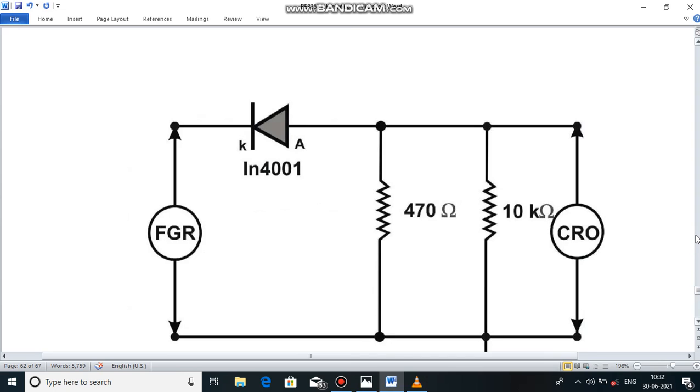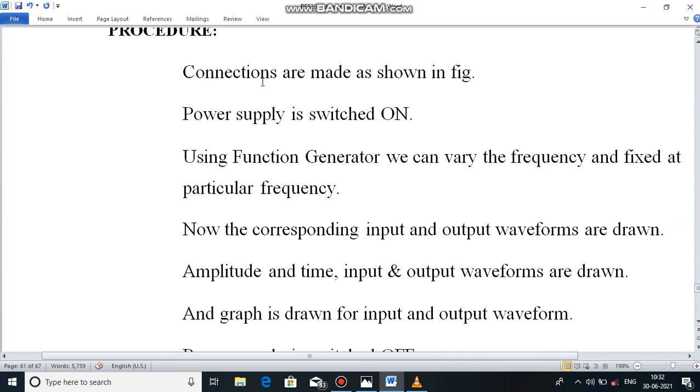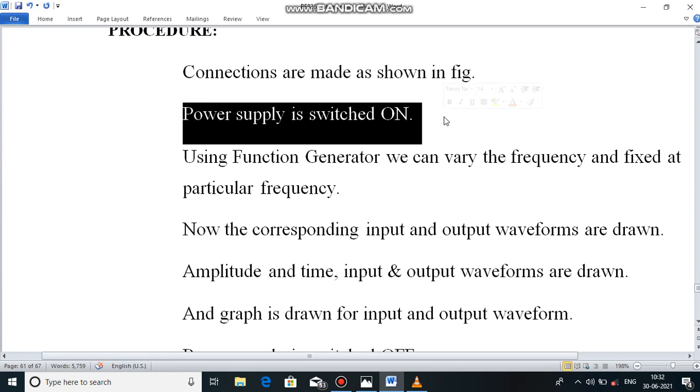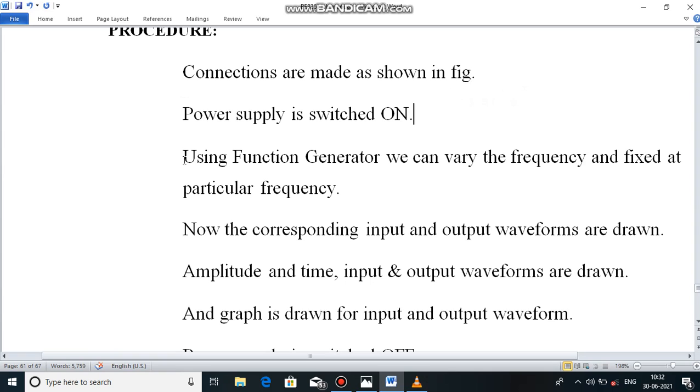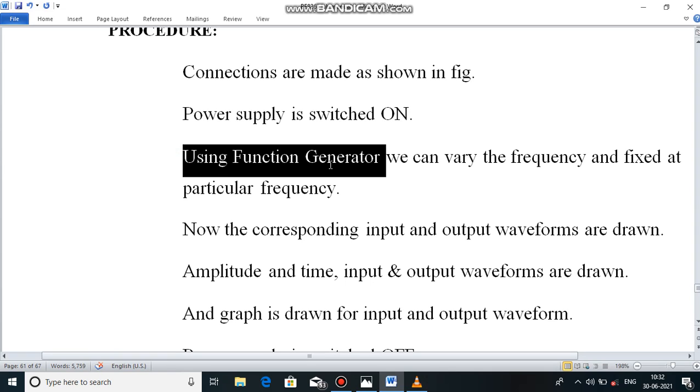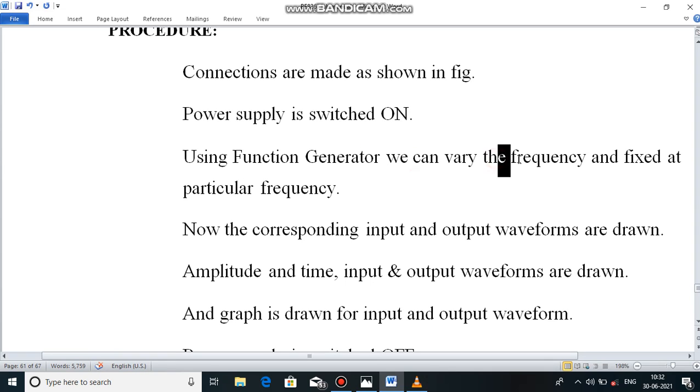Now let me show you the procedure. First, connections are made as per the circuit diagram. Then you have to switch on the power supply. Next, using the function generator, we can vary the frequency and fix it at a particular frequency.